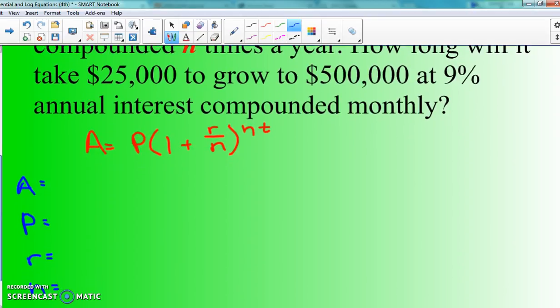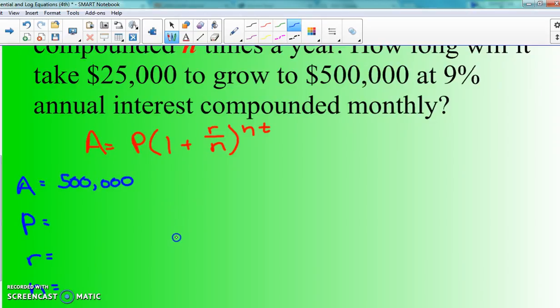So is A going to be 25,000 or 500,000? 500,000, right? Yeah, you're amazing. So that's 500,000 is what we're going to end with. So that's what our A is. That's what we're trying to get to.